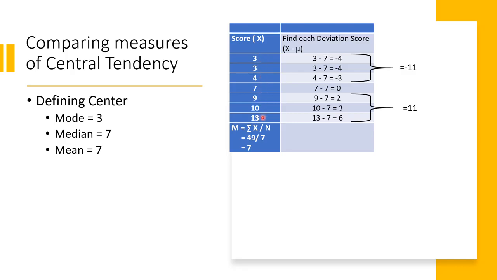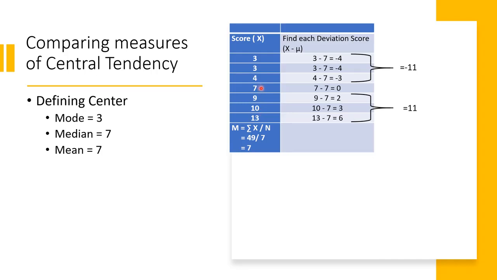There's 2 of them. It's the only one that has more than 1 score. So that is the mode. The median is the middle score. This has 7 scores in this distribution. And so after they're arranged in order, the middle score has 3 above it and 3 below it.